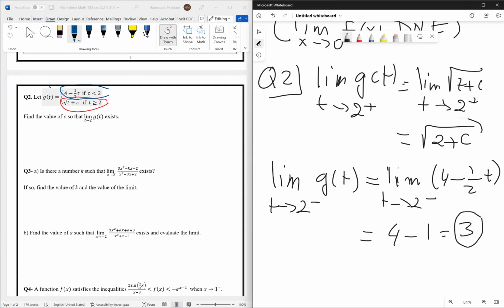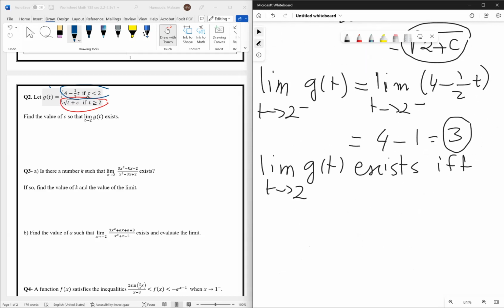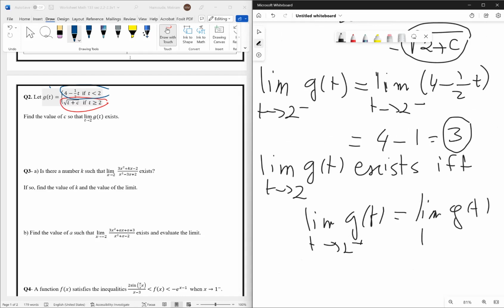Now make the equality. To make the limit exist, we must have these two equal. Limit g of t as t approaches 2 exists if and only if we have the equality: limit as t approaches 2 plus equal to limit of g of t as t approaches 2 minus.